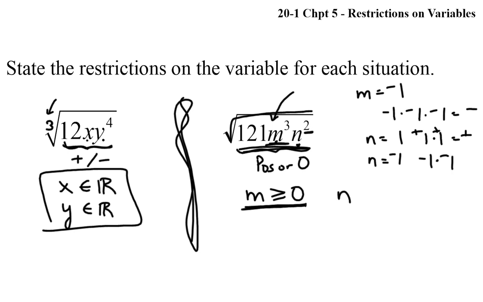Any negative value squared will be a positive. So this n situation here could be anything, because squaring a negative will make it positive, and a positive under here is okay. So there's the restrictions for that situation. Kind of tricky. You gotta just do some practice.